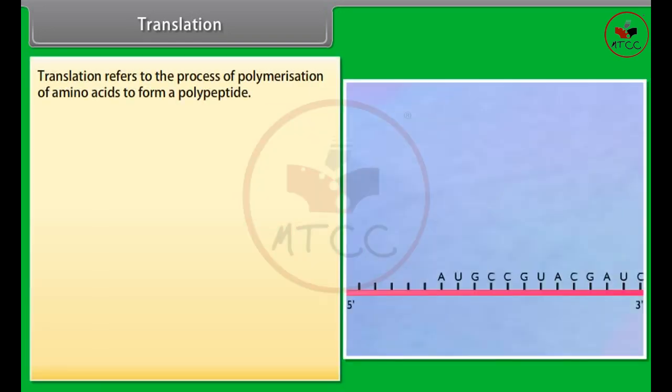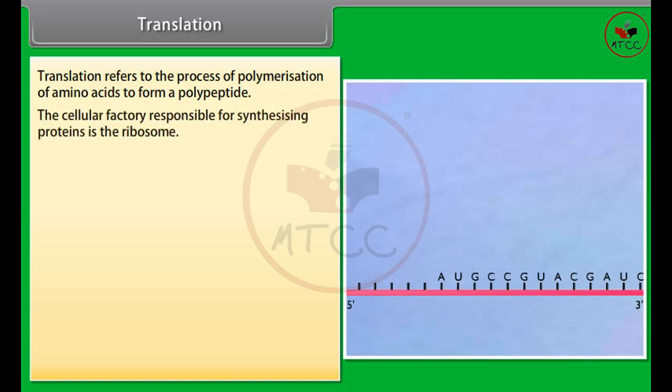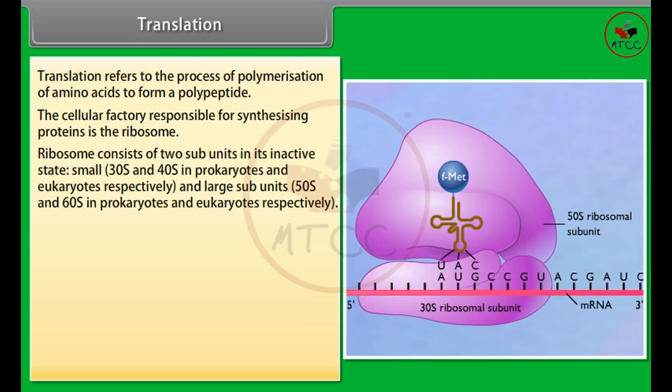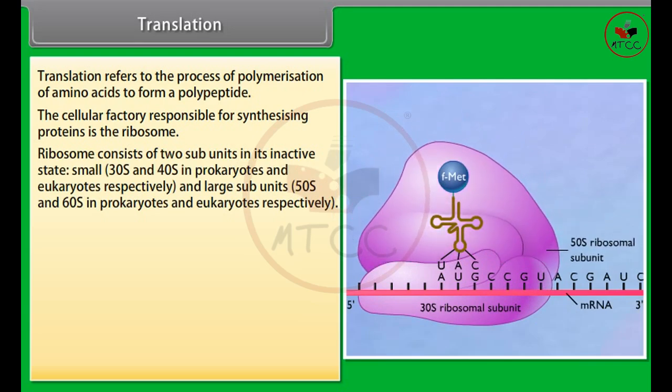Translation. Translation refers to the process of polymerization of amino acids to form a polypeptide. The cellular factory responsible for synthesizing proteins is the ribosome. Ribosome consists of 2 subunits in its inactive state, small and large subunits.